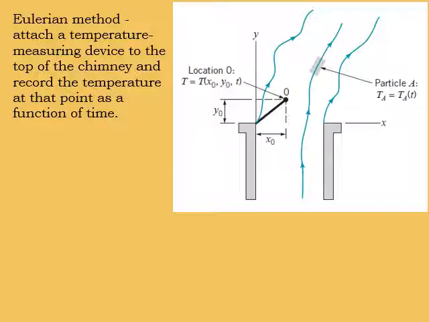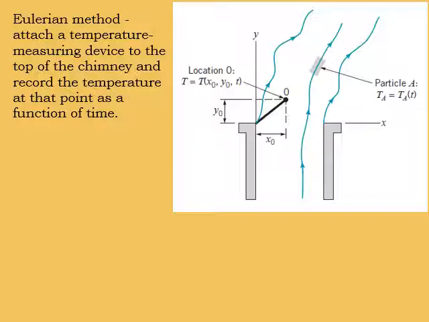Here the temperature is a function of x naught, y naught. If two or more temperature sensing instruments are connected at different locations, they measure the temperature at those different locations, and also at different times. But here the fluid particles are different.